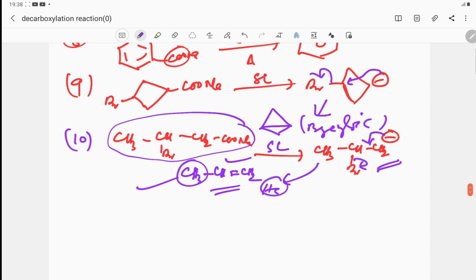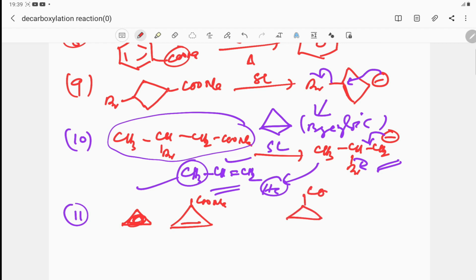If you take another example, this is also a very important example. If you take like this, the bigger compound, then COONa, like this, COONa, which will be more reactive? Here if you see the mechanism, what happens? This is your minus charge and this is your minus charge.